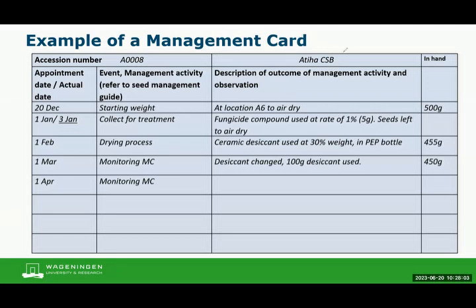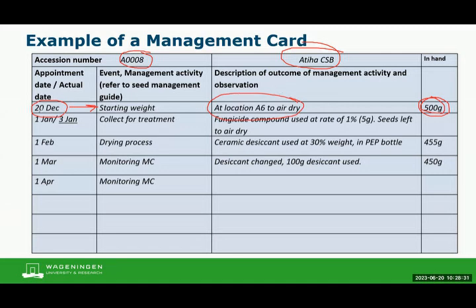This is the name of the community seed bank. This is the accession number. It is the same, one accession for one card. So this page will only belong to one accession or one sample. On 20th December it entered, and the starting day weight was 500 grams. It was sent to location A6, maybe on a drying floor of a community seed bank to dry.